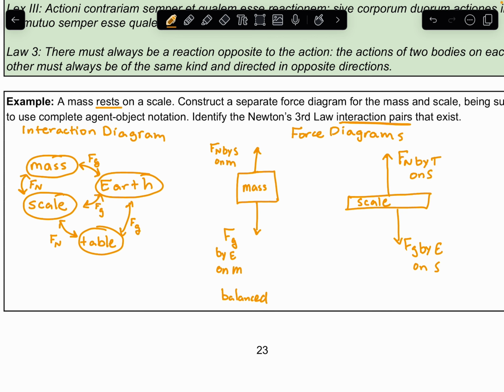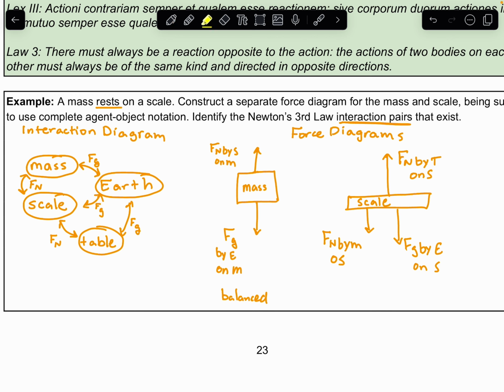And then finally, the trickiest one is this normal interaction between the mass and the scale. Now over here, the mass and the scale interaction was up because the scale is pushing the mass upwards. Newton's third law tells me that that force will appear on the scale as well. F normal by mass on scale.